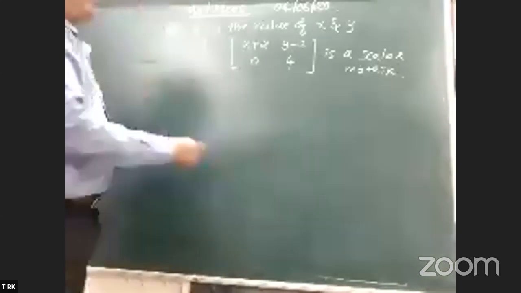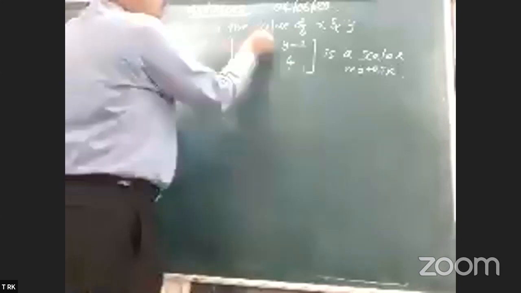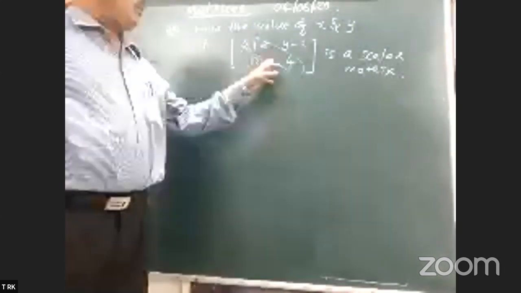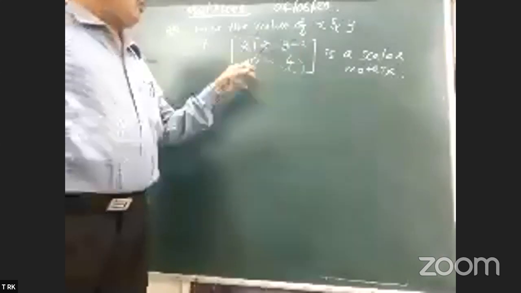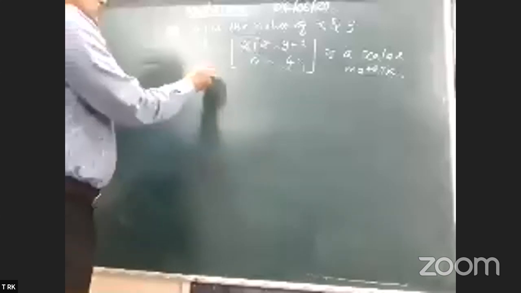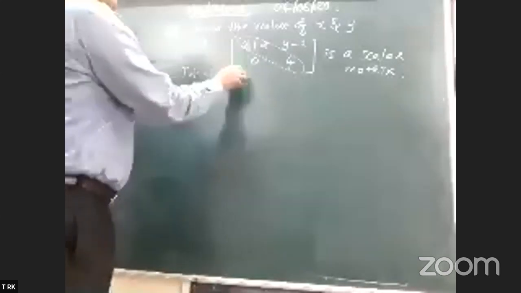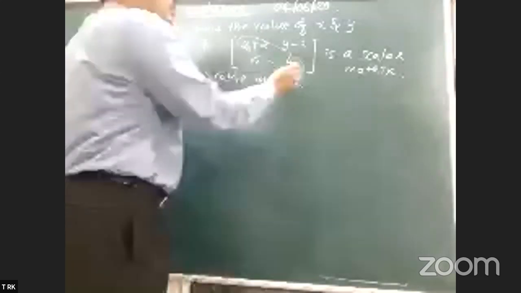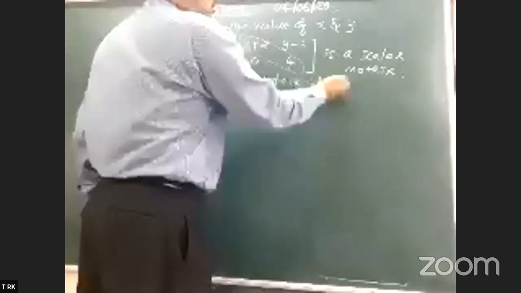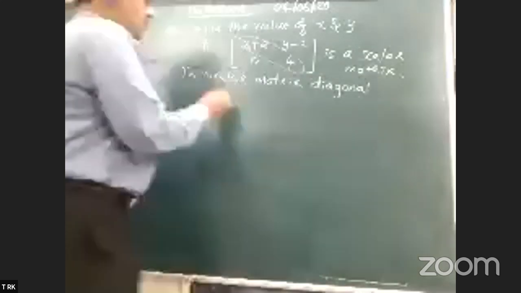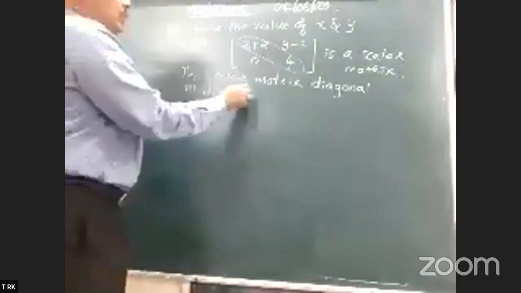In a scalar matrix, all diagonal elements are equal and non-diagonal elements are zeros. In a scalar matrix, diagonal elements are equal.